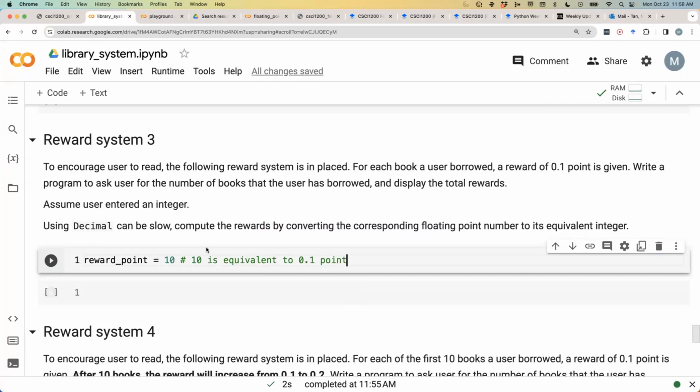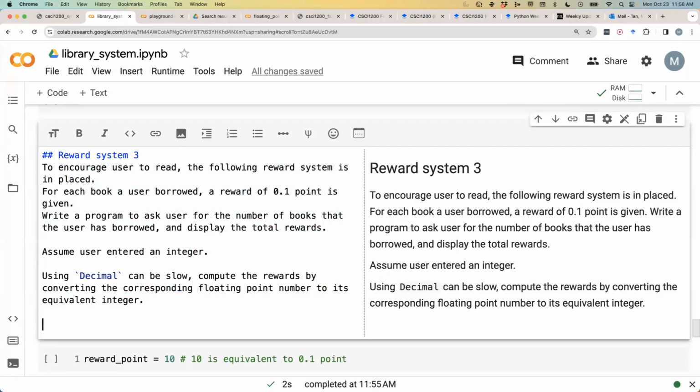But when you display to the user, convert it back to the original point system.